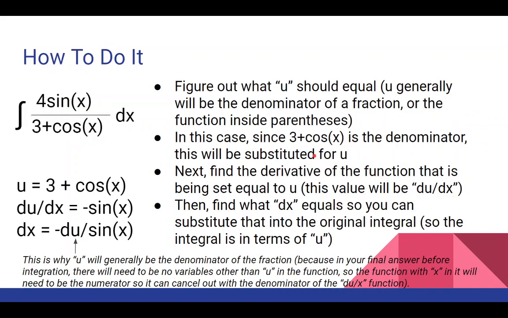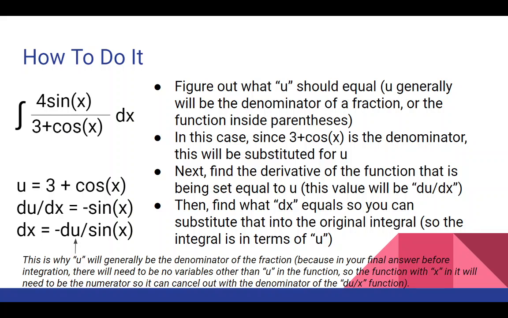So in this case, u would be 3 plus cosine of x because that's in the denominator. And then after you find what u equals, you have to find the derivative of u, because you're going to want dx to be substituted for some value that's in terms of u, which would be du.